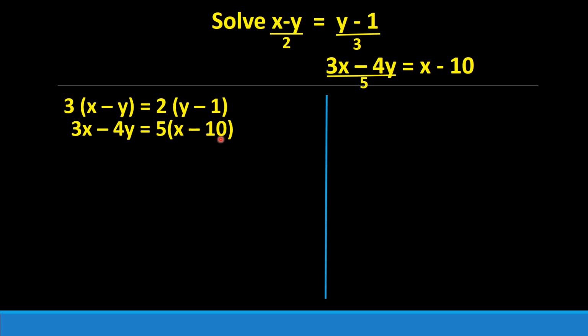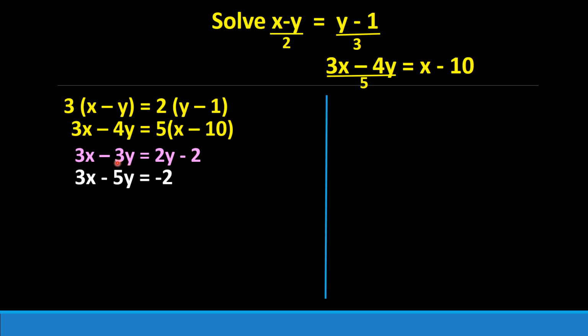Now let us consider the first one. 3 into x minus y can be written as 3x minus 3y is equal to 2 into y minus 1, which is 2y minus 2. So 3x minus 3y is equal to 2y minus 2, and this y, or the coefficient of this y, can be taken to the left hand side.